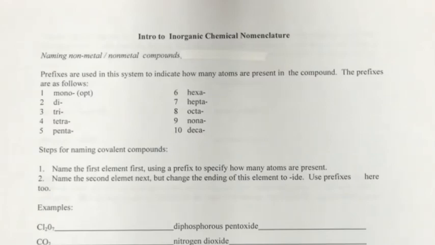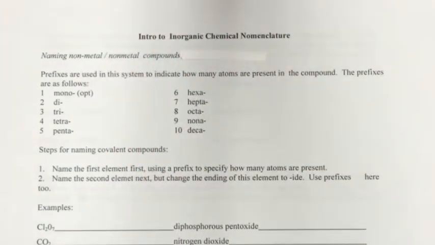This is Pre-AP Chemistry, unit on nomenclature. First type that we are going to talk about today is how do we name compounds that begin with a nonmetal.